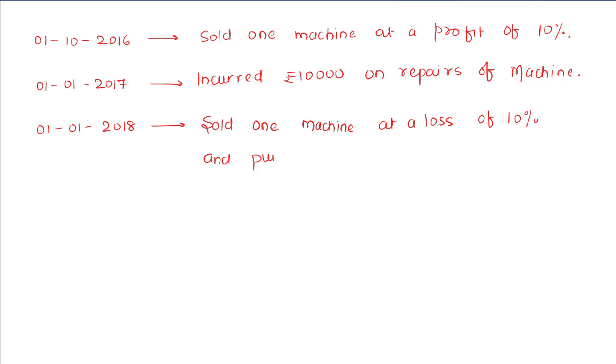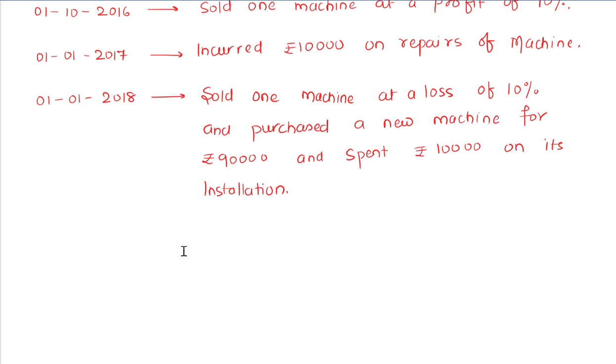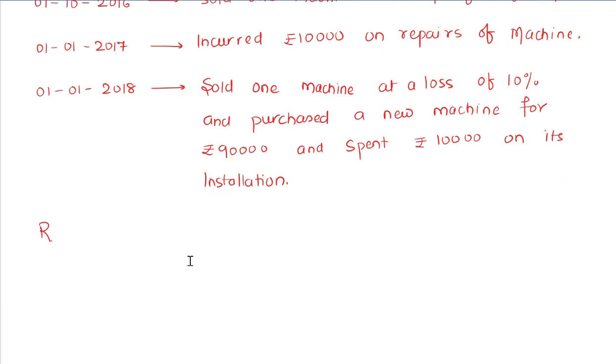and purchased a new machine for rupees 90,000, and spent rupees 10,000 on its installation. What is required in the question?